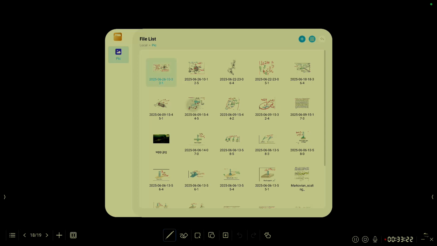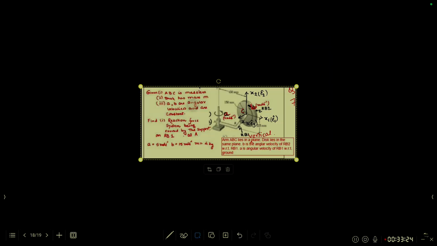Given the coordinate system, look at the working coordinate system, black colored.